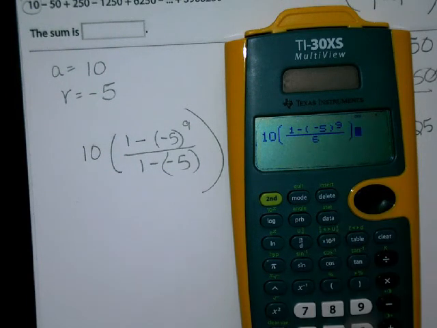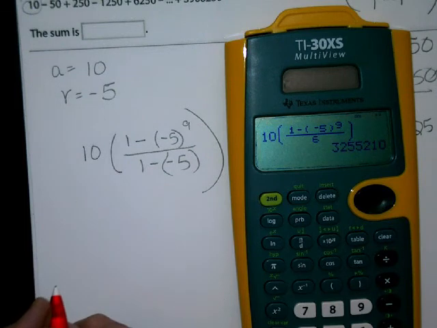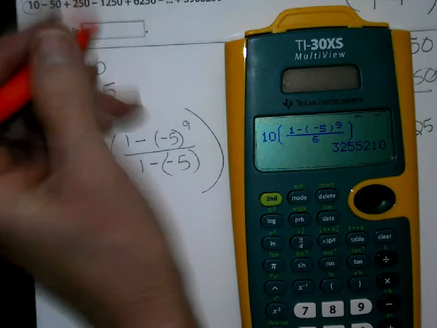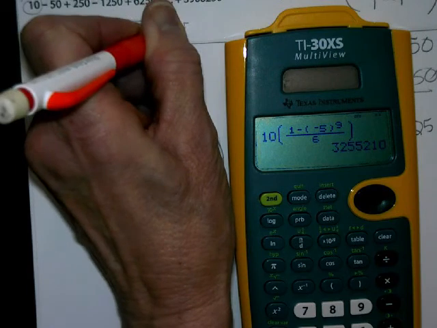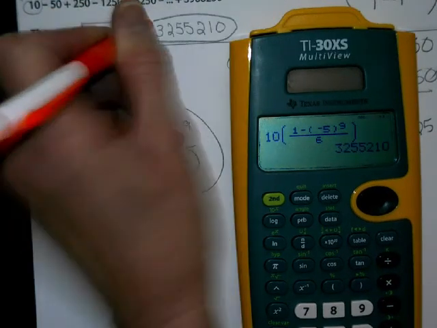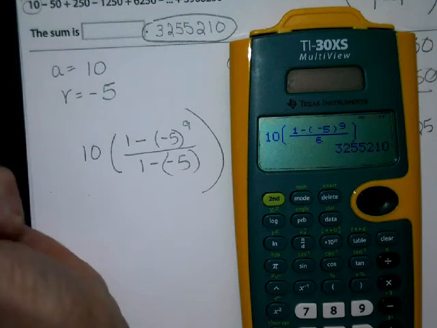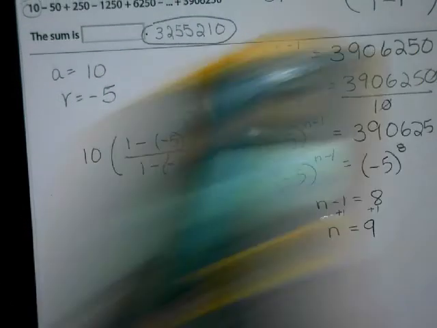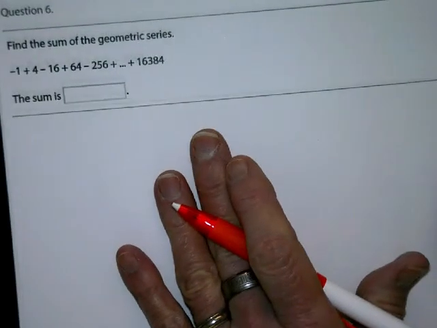Put it in the bottom. 1 minus a negative 5 is just 6, so I'm going to be lazy there. And I have my result. My sum is a positive 3,255,210. Crazy, huh? So you're adding, subtracting, adding, subtracting. And that's the math. Gotta trust it.